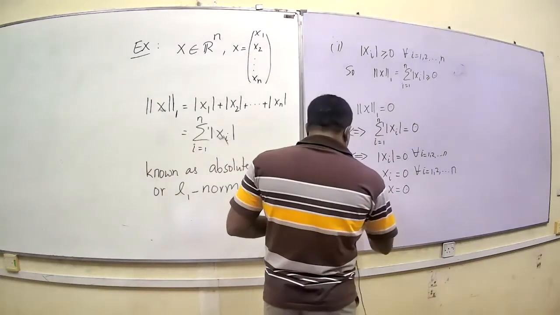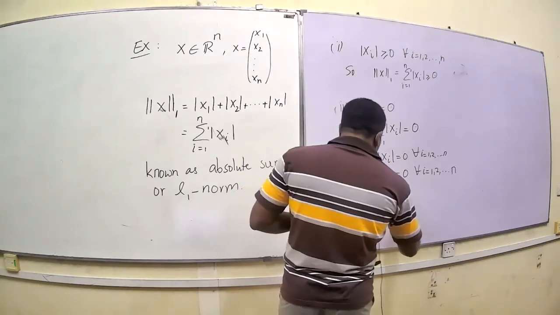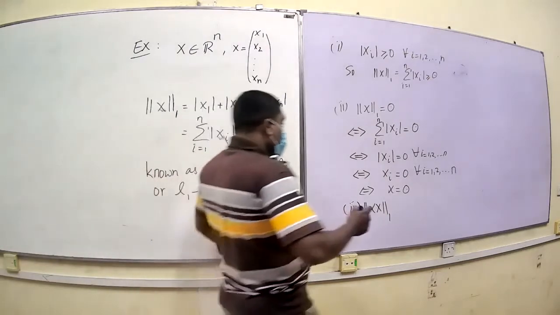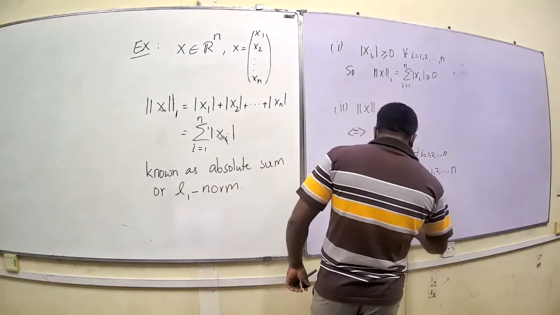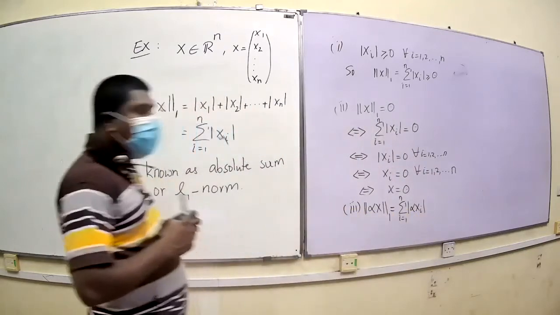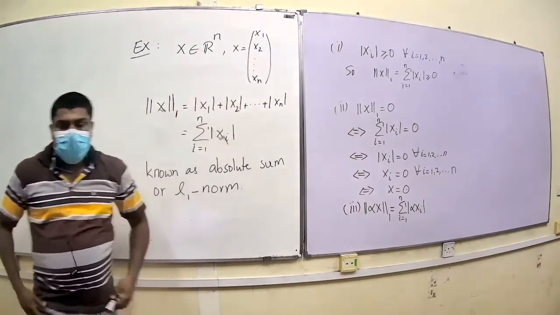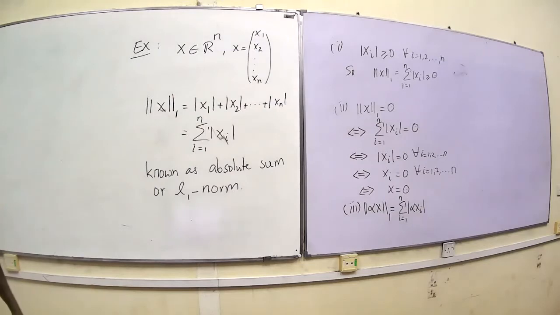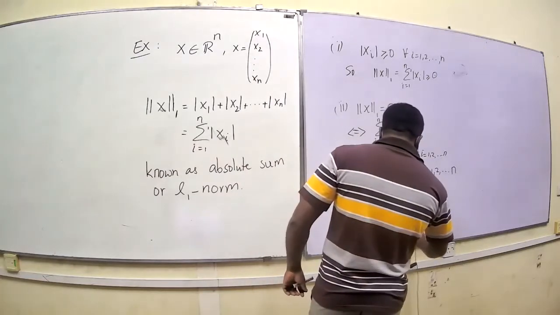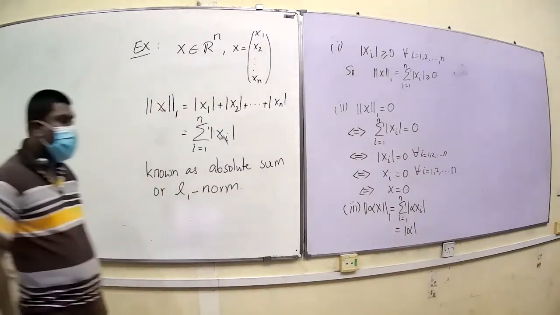Third condition: the 1 norm of alpha times x. That is the summation of the absolute value of alpha times xi, because when you multiply by alpha, you multiply each term by alpha. But in the absolute value, absolute value of alpha is common, so you can take it out.